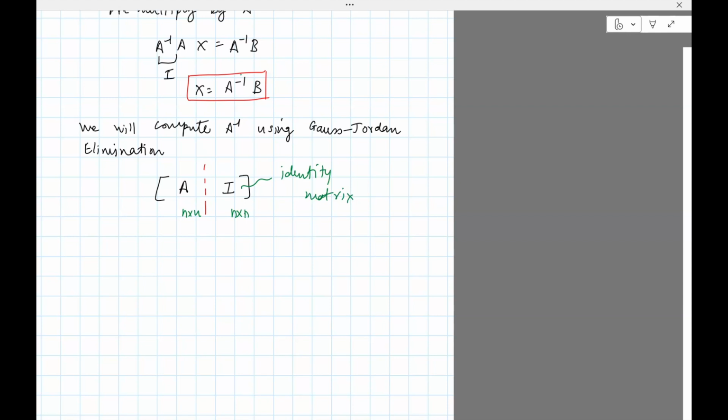Now I just showed you that what Gauss-Jordan elimination does for you is it converts that A matrix into the identity matrix. That's the property of Gauss-Jordan elimination.